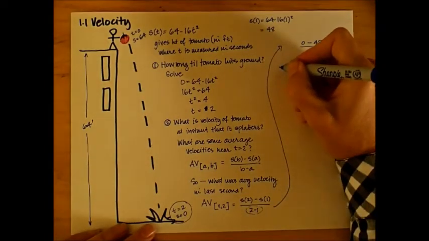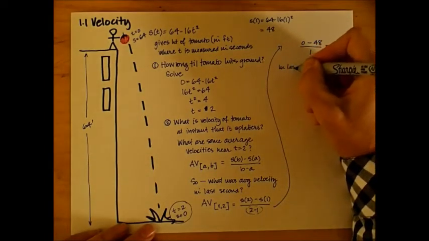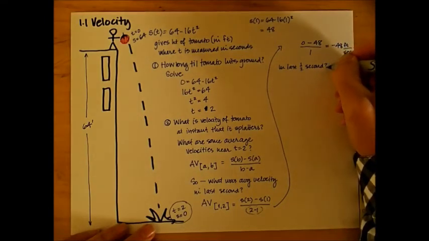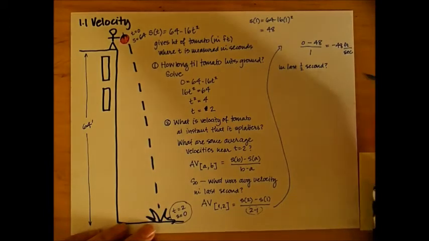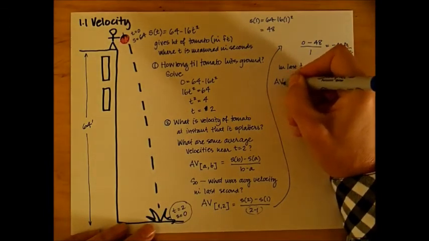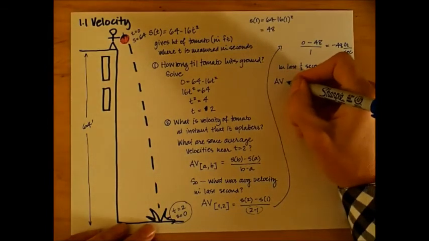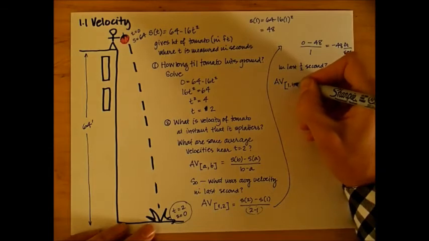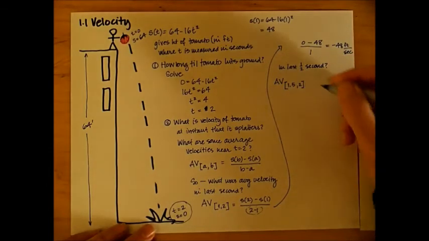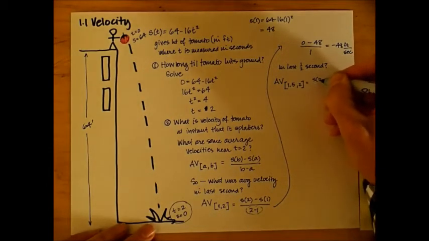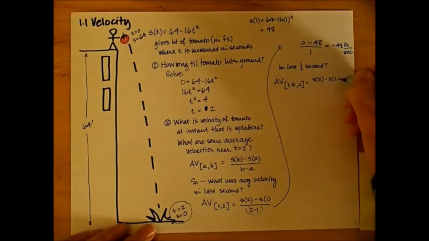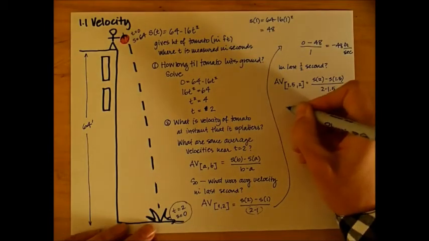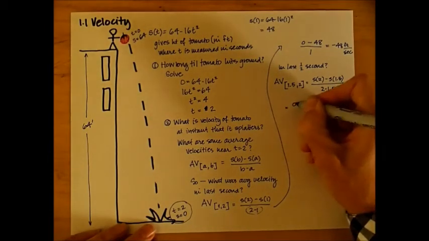How about in the last half a second? That means we want time to go from 1.5 to 2. So we need s of 2 minus s of 1.5 divided by 2 minus 1.5. S of 2 is still equal to 0.